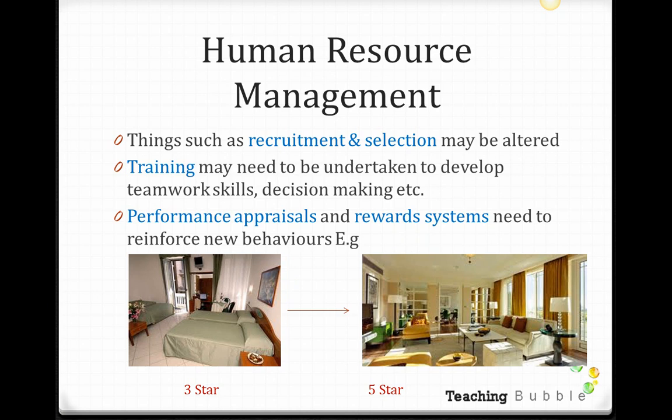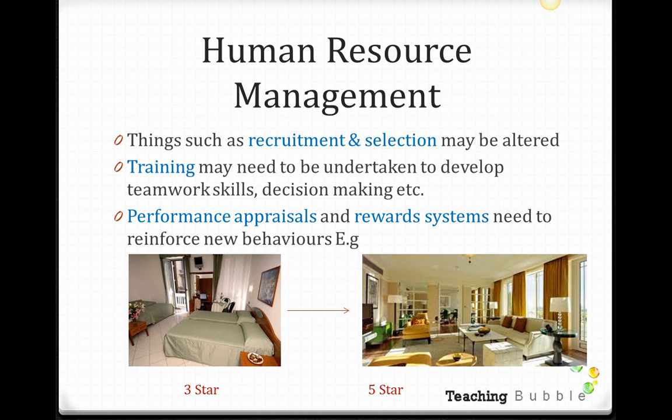Changes in human resources. I've got the example here of an organisation going from a 3-star hotel and starting to implement 5-star service. The reason I use that example is because it was a case study in one of the exams one year. That can change the whole human resource department.